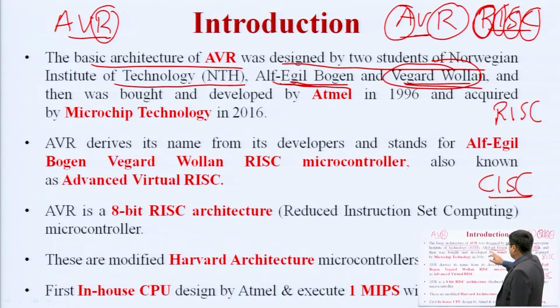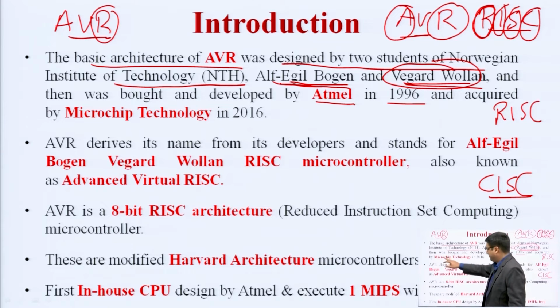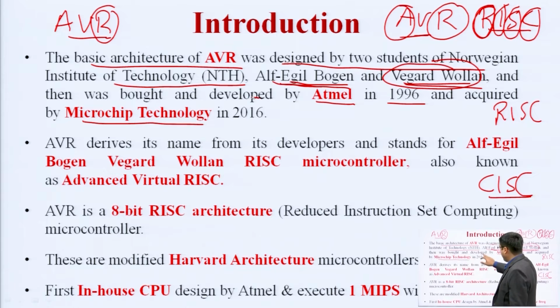Okay. So, it was bought and developed by Atmel. Atmel company came with the AVR microcontroller in 1996. It was developed in 1996, and after that American company Microchip acquired this microcontroller in 2016.